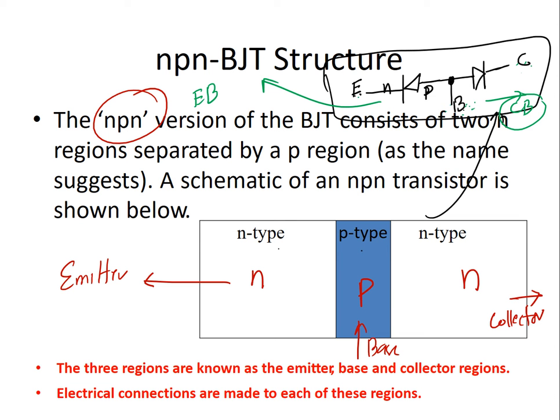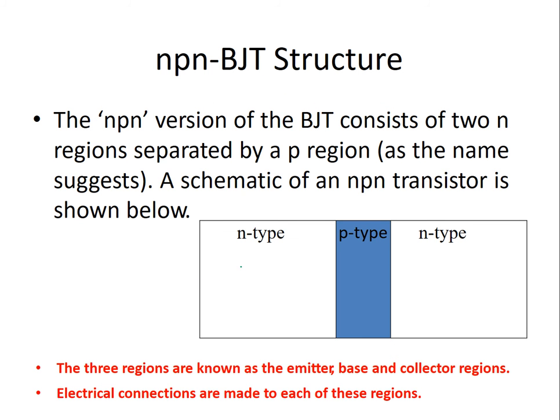Now to operate them, we have to apply some biasing. But before going to that, let me explain one more thing here. As we can see from the configuration, this is n-type material.